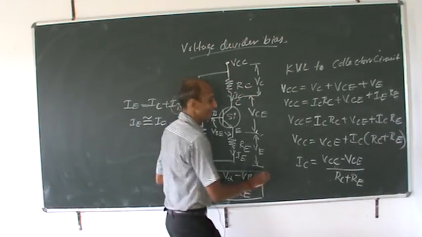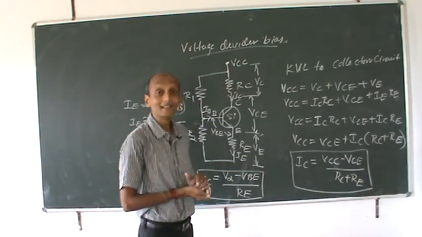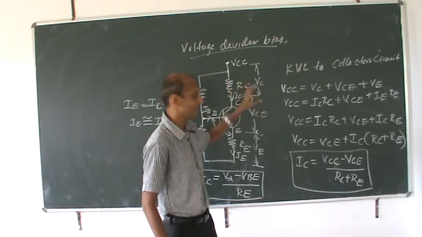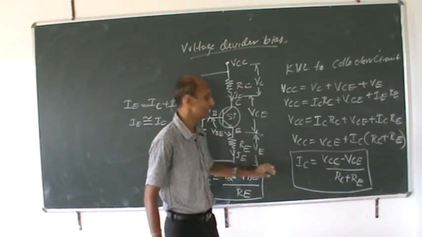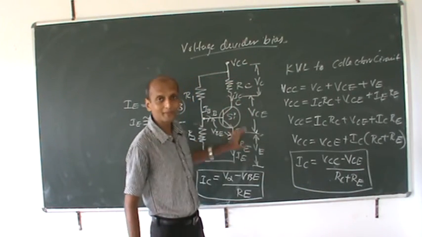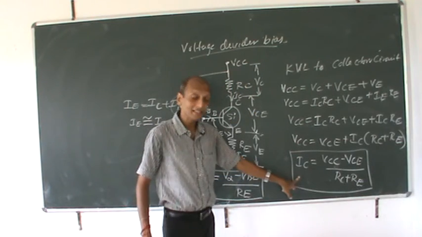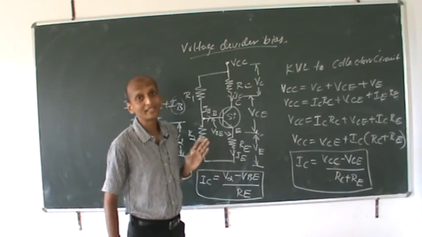So this is another equation for your collector current. IC is the supply voltage minus the voltage across collector to emitter, divided by this resistance plus this resistance. This is your collector current equation at the output circuit by applying Kirchhoff's voltage law.